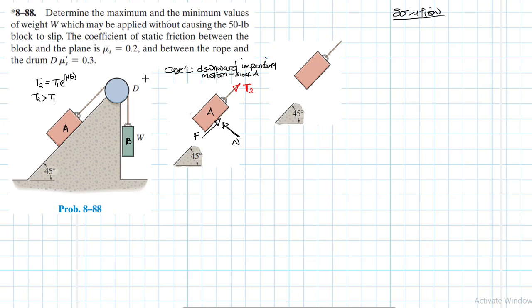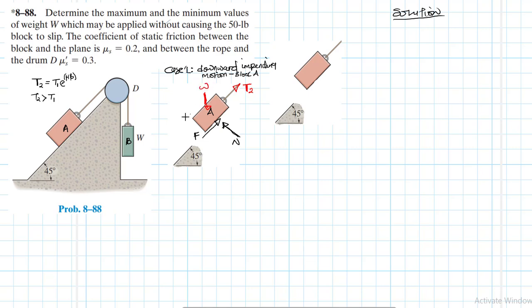So having said that, we know that block A has some weight W, which is 50 pounds. Let me just indicate it as W for now.